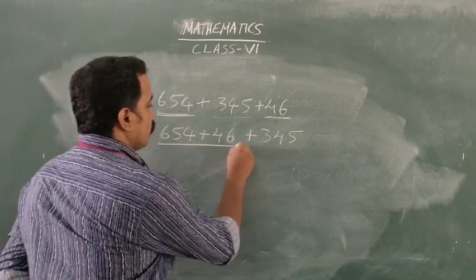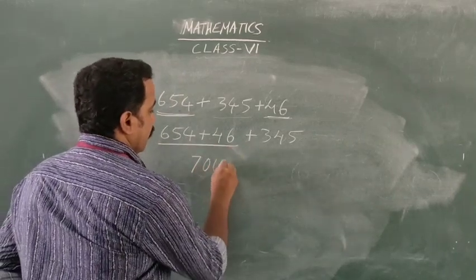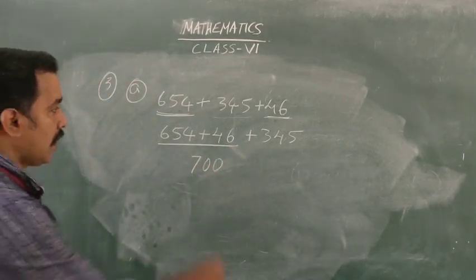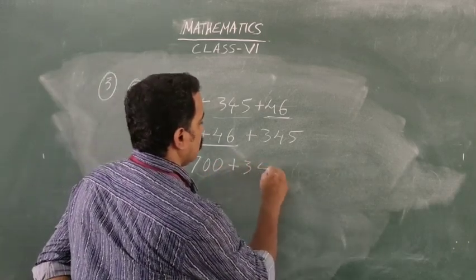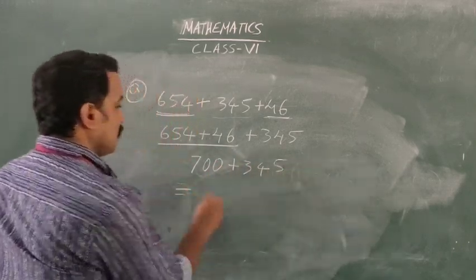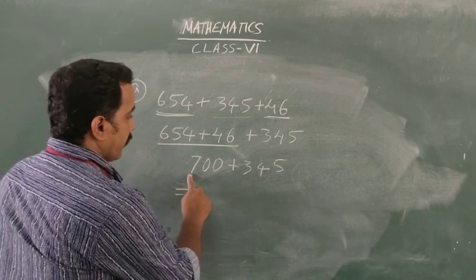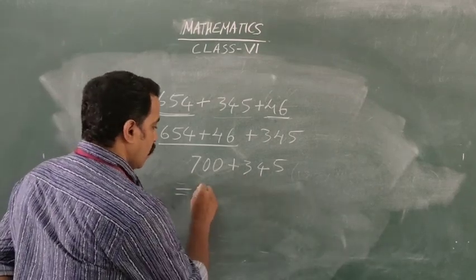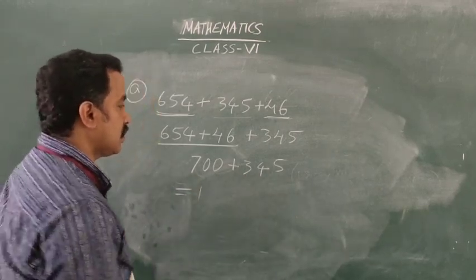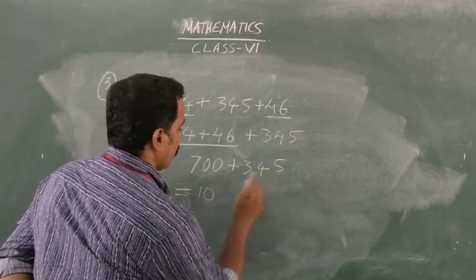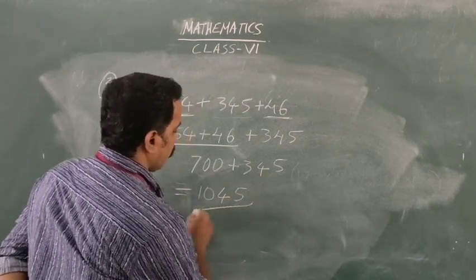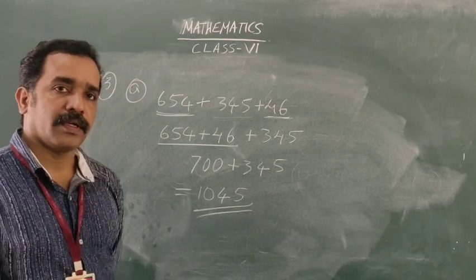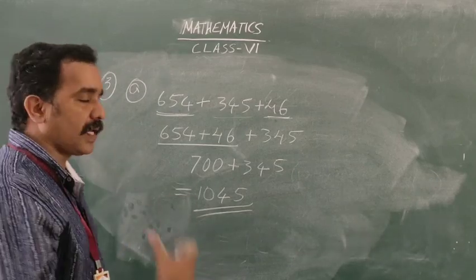Now if you add these two, you will get 700, plus 345. That is easy. 700 plus 300, 1000, then 45: 1045.